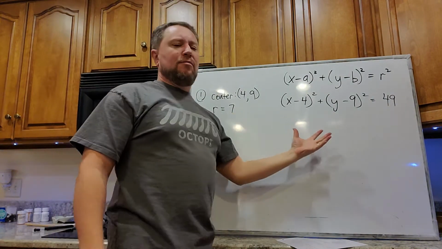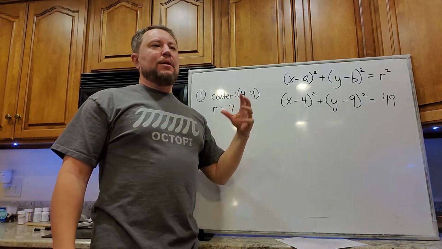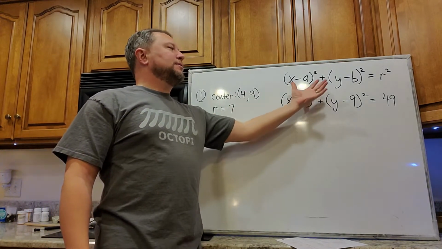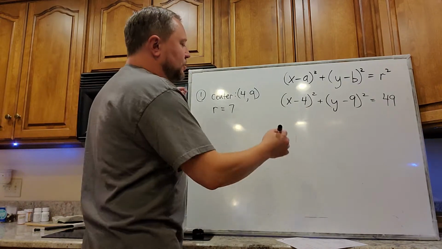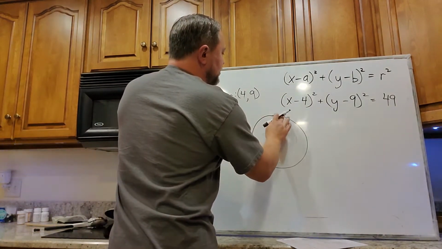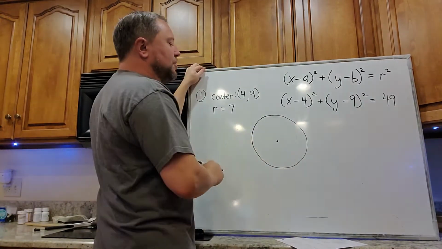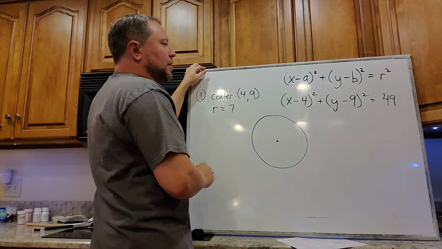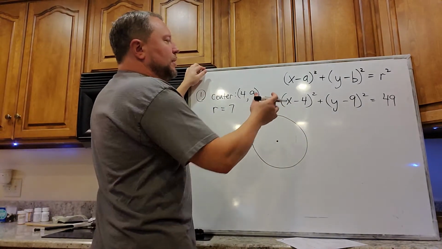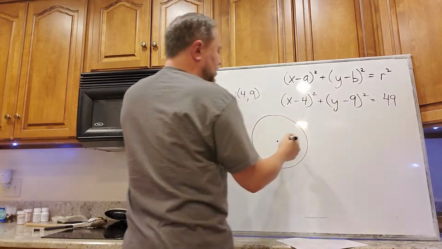Okay, and just real quick, just to show you why the Pythagorean theorem is really the basis of these equations, I just want to show you something. Say here's our circle, and there's the center of our circle. This is basically the Pythagorean theorem: a squared plus b squared equals c squared.